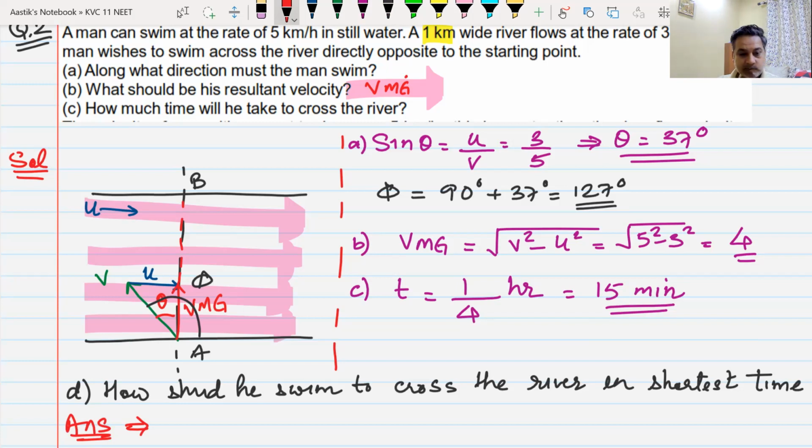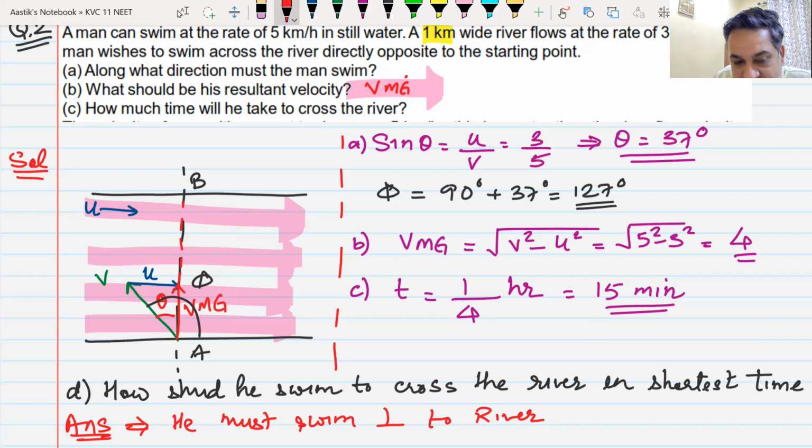You don't remember? Perpendicular. He must swim perpendicular. So he must try to swim perpendicular. Then he will be able to cross the river in the shortest time.